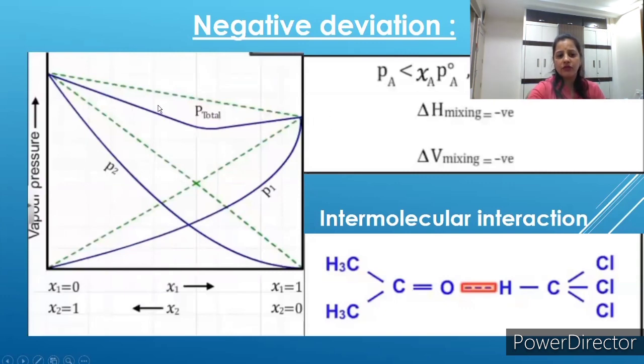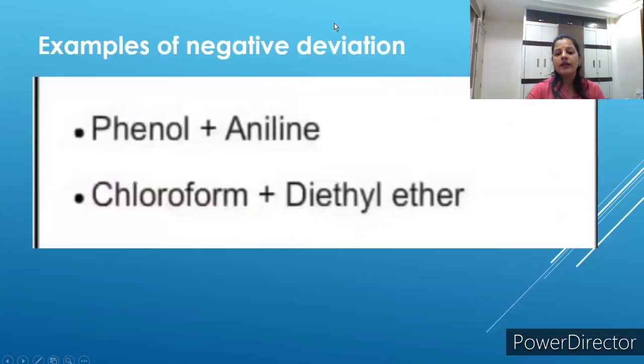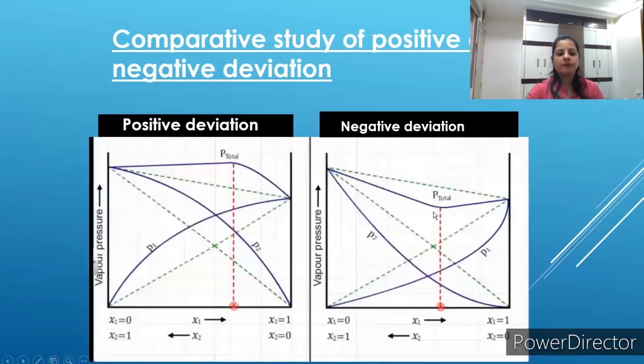So this type of deviation, in which the observed value is lower than expected, is called the negative deviation. Examples of negative deviations are phenol and aniline, and chloroform and diethyl ether also show negative deviation.